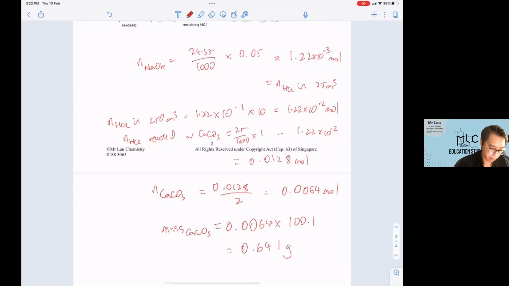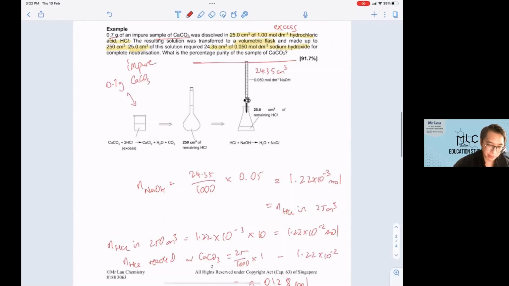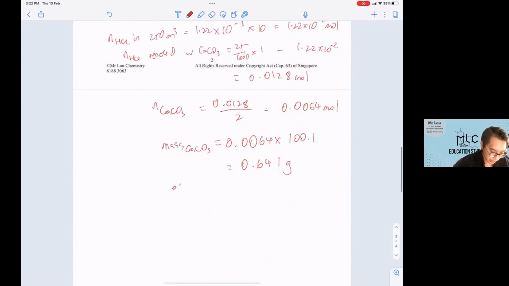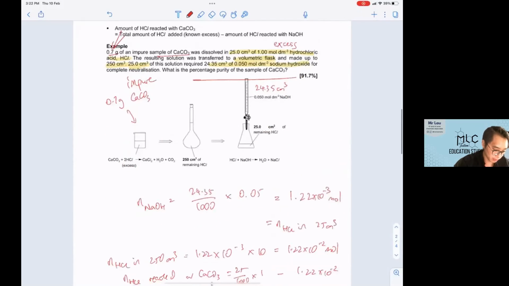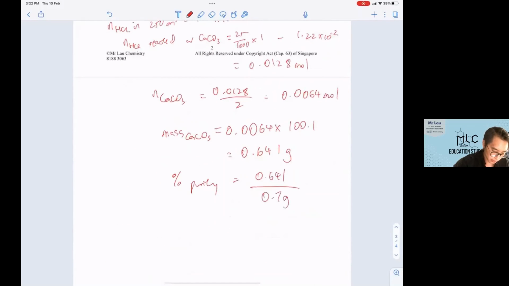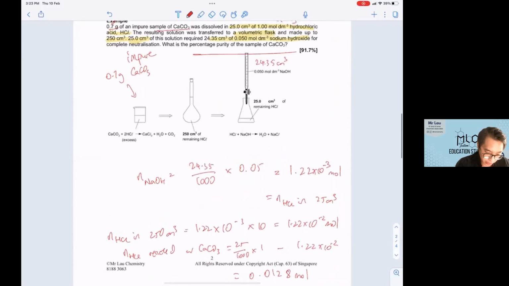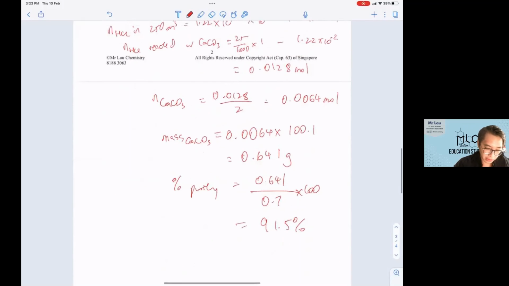0.641 gram. Next, they ask you to find the percentage purity. So all you need to do is take this mass divided by the impure mass, which is 0.7 gram, and multiply by 100. You get 91.5%. So this will be your percentage purity.